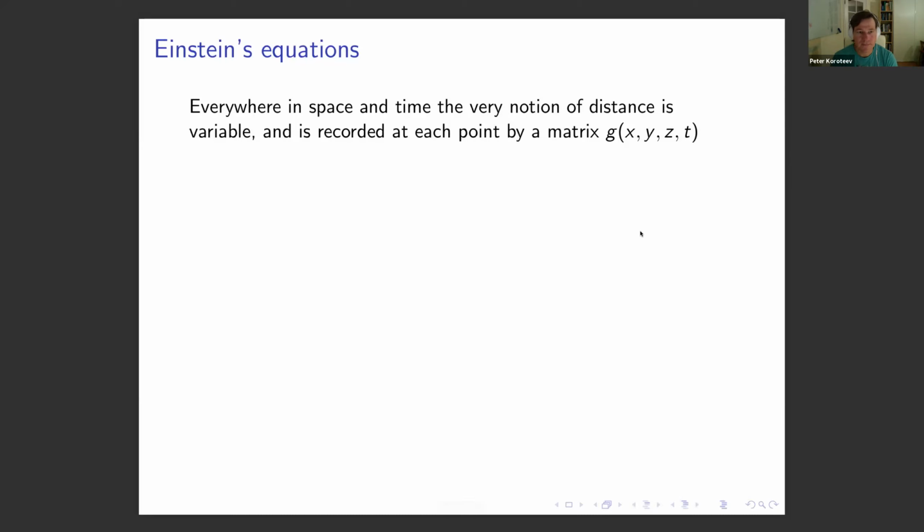So in this case, there's this function which takes values in matrices. It's called the metric g. It depends on coordinates and time. You probably heard that in relativity theory, time and coordinates are treated on equal footing. So in a sense, you can think of x, y, z, and t as coordinates in a four-dimensional space, which has negative signature.